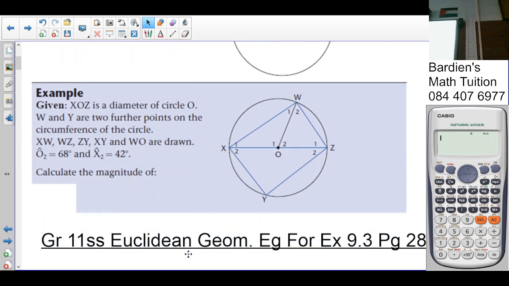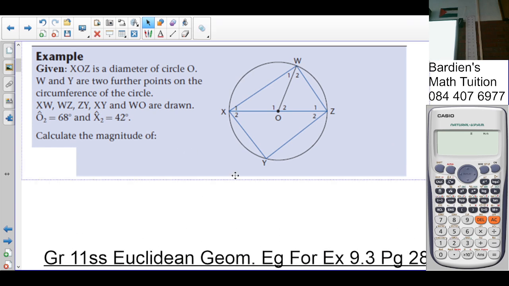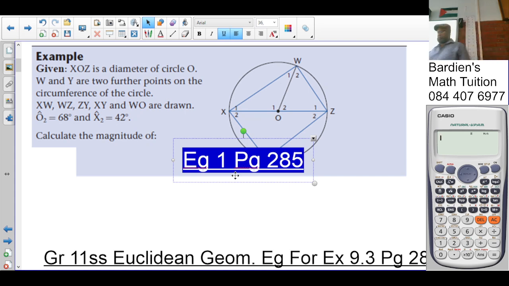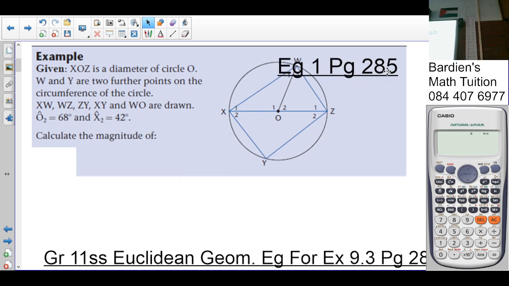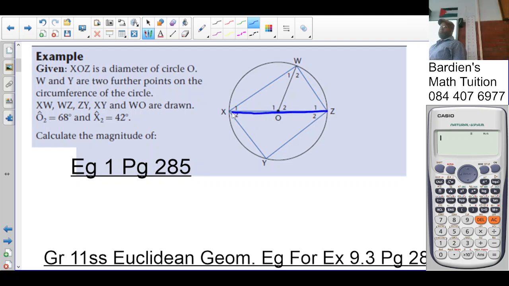Now we're looking at example 1, and example 1 is on page 285. Here we are told that XOZ is a diameter. If XZ is a diameter, from the theorem that we just used, what can be determined?